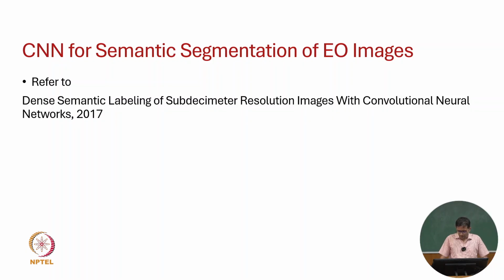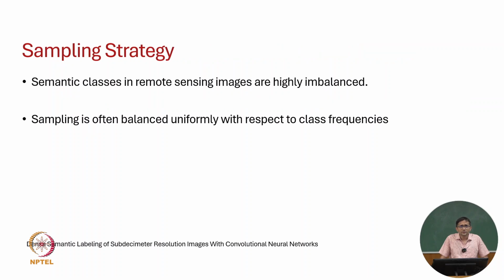Okay, so with this background, let us think a bit about how some of the possible strategies or choices can be very important when we are working on semantic segmentation. One very important question here is the sampling strategy, because semantic classes, especially in earth observation, are often highly imbalanced.